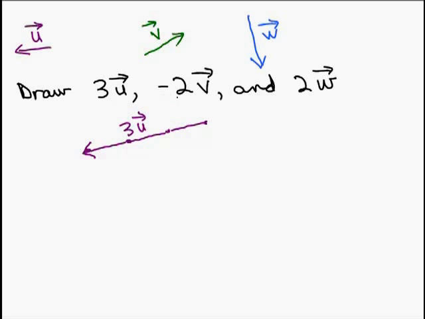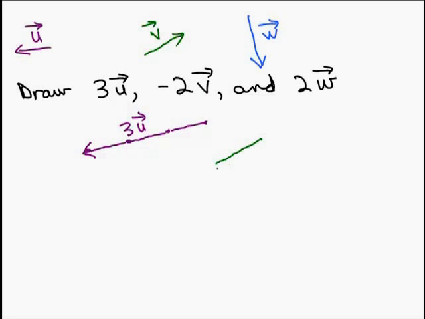All right, negative 2v. Well, the negative sign tells you it's going to change direction, and the 2 tells you it's going to be twice as long. So we take the length of v right here, going in that parallel direction to v that you see up here.